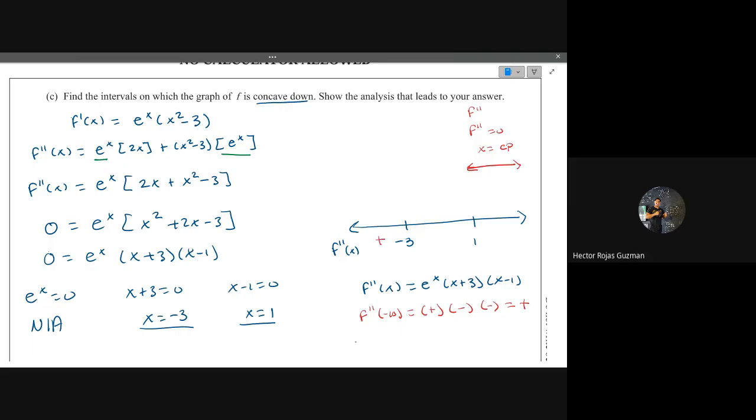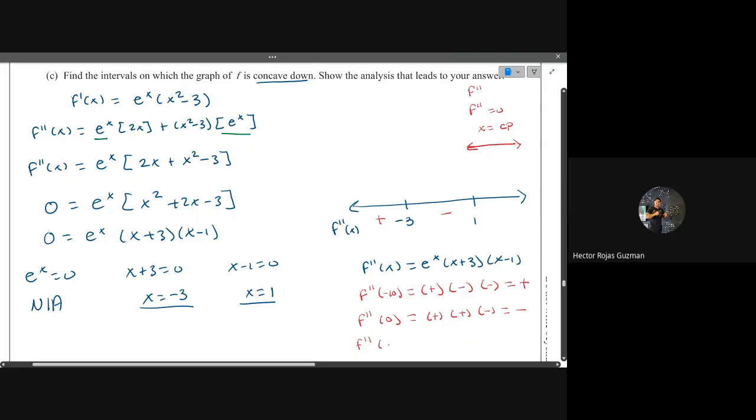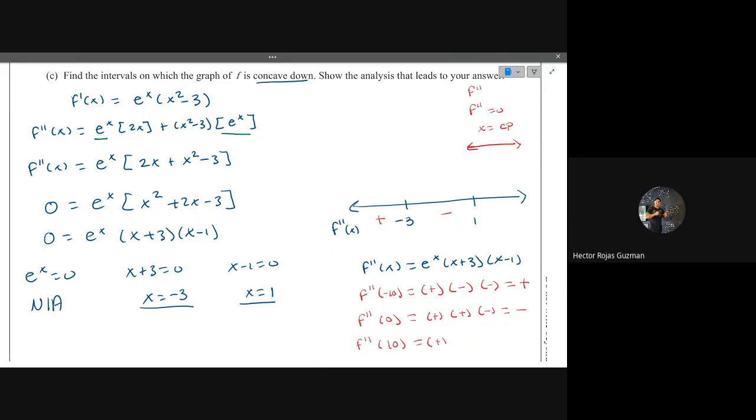And all of this gives me a positive. Now 0. E to the power of 0 is positive. 0 plus 3 is positive. 0 minus 1 is negative, so that's negative. For the second derivative, this time we're going to plug in 10. E to the power of 10 is positive. 10 plus 3 is positive. 10 minus 1 is positive, so here we have a positive.